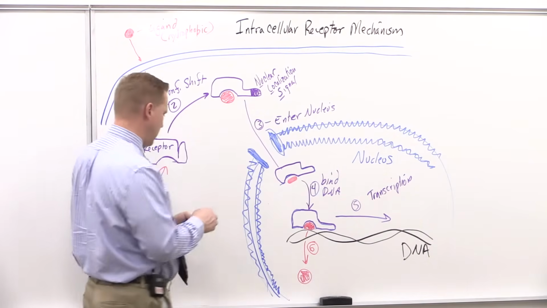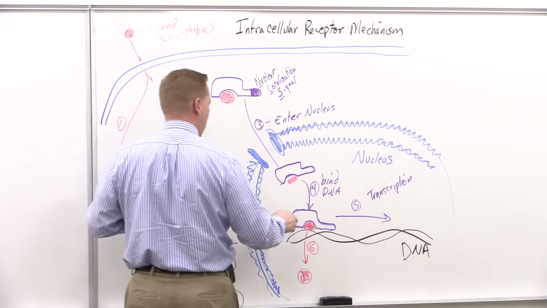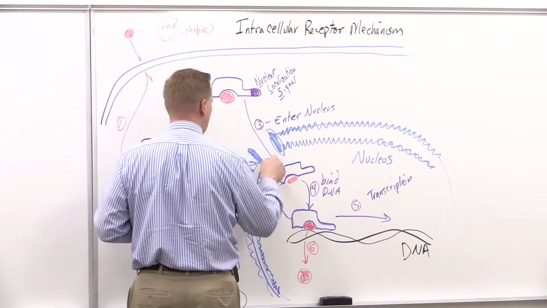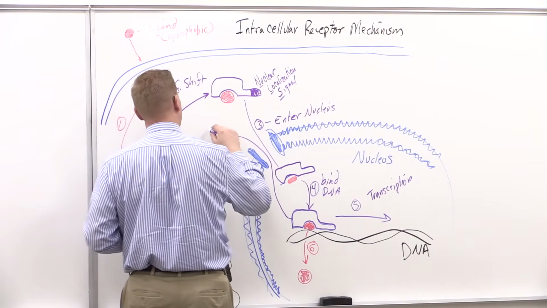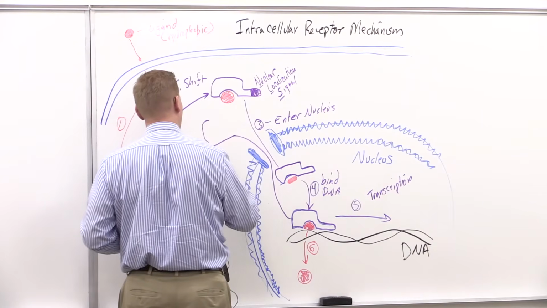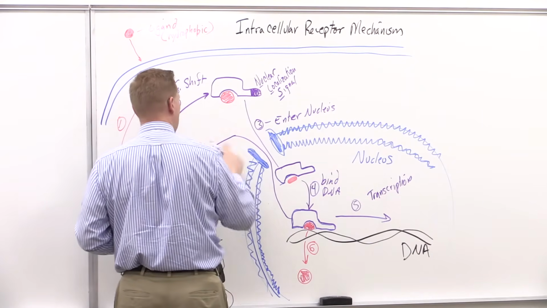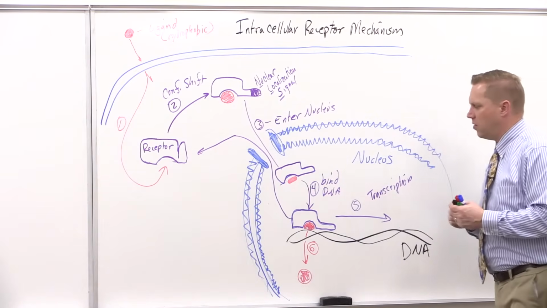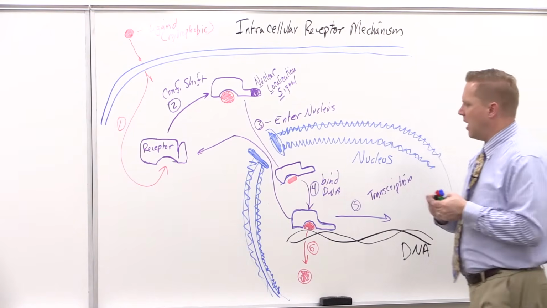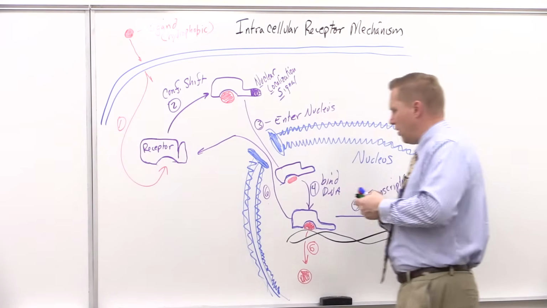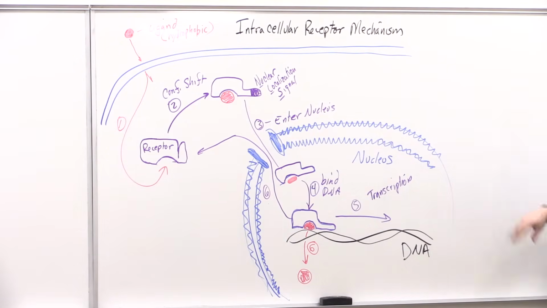And that causes the protein to fall off and come out of the nucleus, and return. So several things go on. It undergoes a conformational shift, and then also falls off the DNA and exits the nucleus. So that's step 6. Quite a few things going on right there. And that would be the pathway for intracellular receptors.